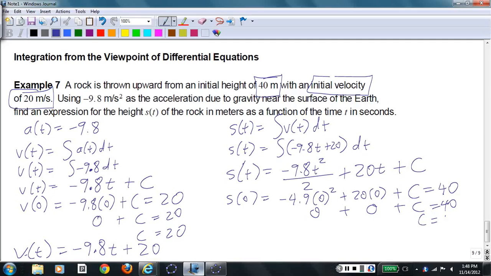So C equals 40 meters. So S of t equals negative 4.9 t squared plus 20t plus 40. Where if we input the time in seconds, this will give us the position relative to the origin in meters.